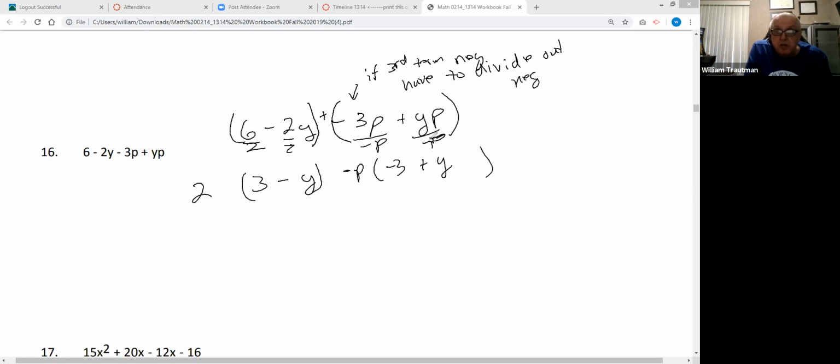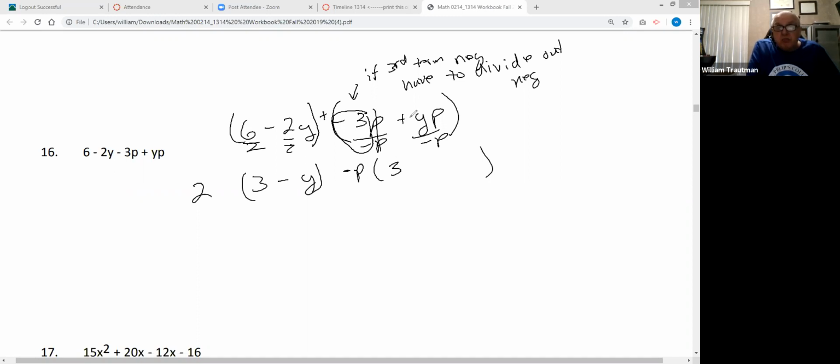Okay, -3 divided by a -1 is a positive. Negative divided by negative is a +3. The p's cancel.